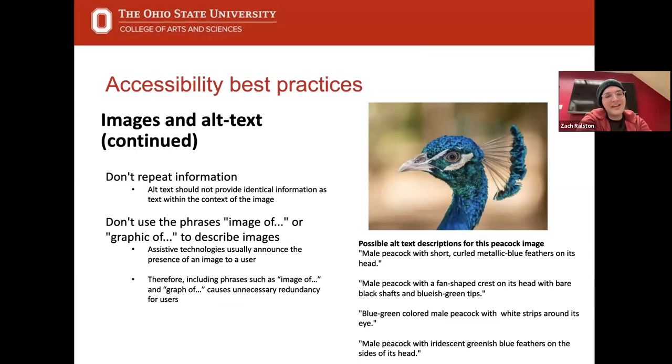We also want to avoid repeating information. Alt text shouldn't be identical to text within the context of the image. A big thing here, and admittedly, I am pretty guilty of this, is that when writing alt text, you want to avoid phrases like image of, graphic of, picture of, headshot of, etc. This is because assistive technologies usually will announce the presence of an image to a user, so it creates a very redundant experience for folks with screen readers.